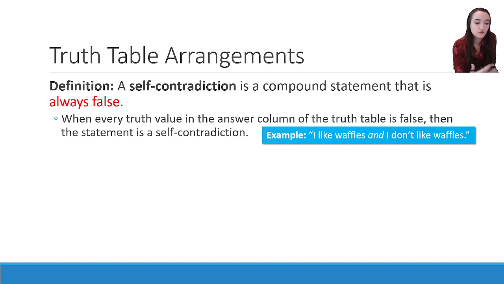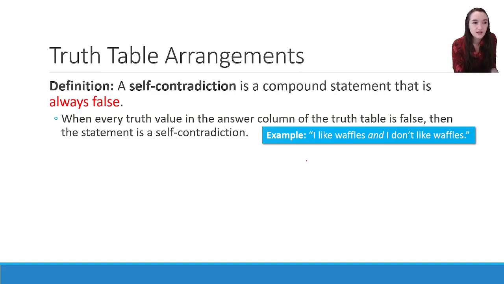The first one is a self-contradiction, which is a compound statement that is always false. So when every truth value in the answer column of the truth table is false, then the statement is a self-contradiction.